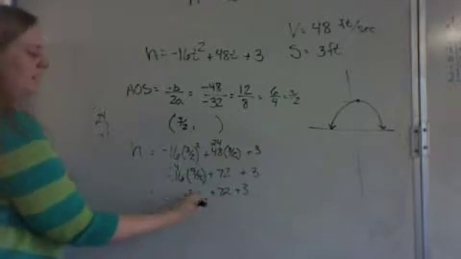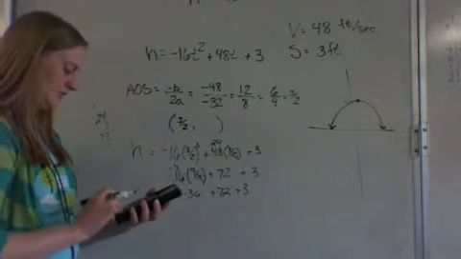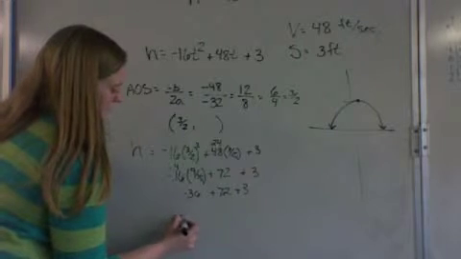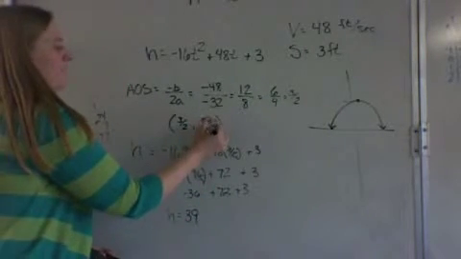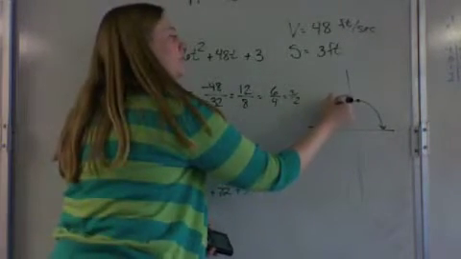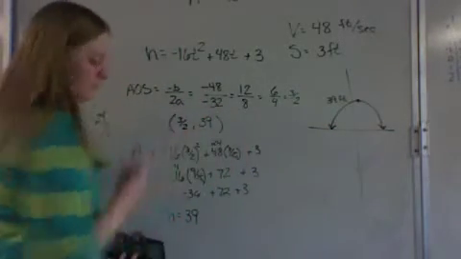So essentially this is negative 36 plus 75, which is 39. So our y value of the vertex is 39. The height of 39 feet is the highest it's going to go. That's the maximum.